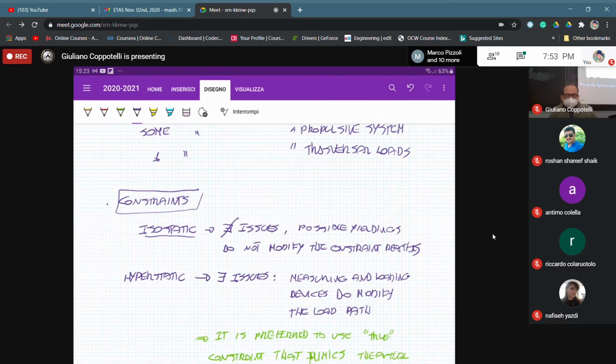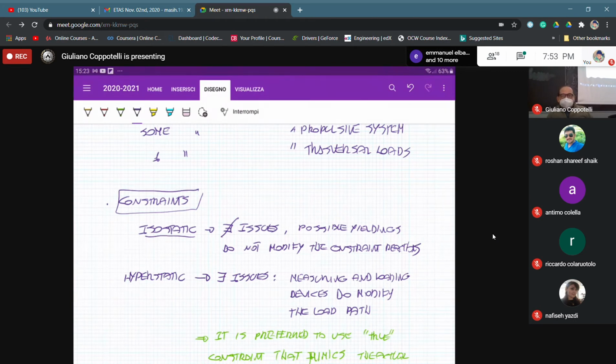If you are testing just, let's say, one bar, then you can clamp this bar somewhere and then you have an isostatic boundary condition. That's fine. If you are testing the whole wing, where are you clamping that wing? So you need more than 1 point.